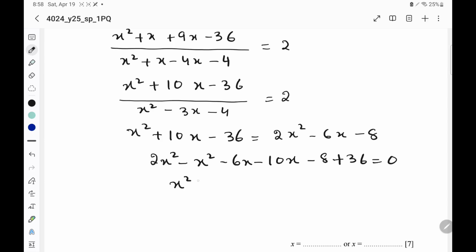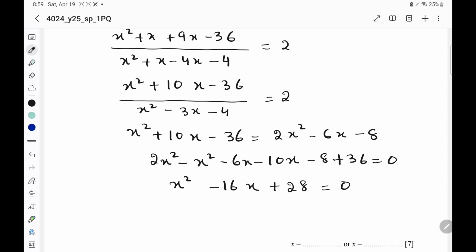So that is x square minus 16x and 36, and the difference of the numbers, 36 minus 8 will be equals to 28. And we write down the plus sign because 36 is a greater digit.